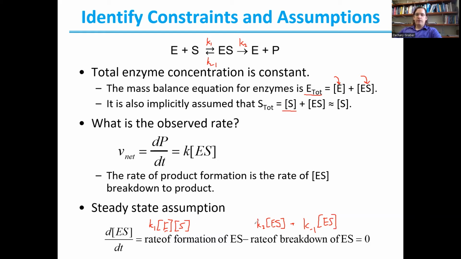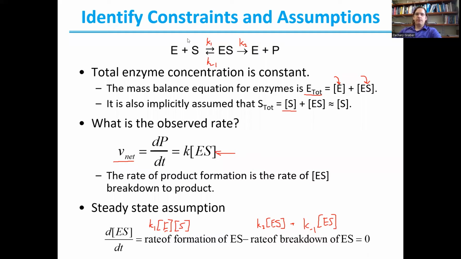So we can use these rates in order to develop an expression for the concentration of our enzyme substrate complex. We can use our known concentrations in order to calculate that enzyme substrate complex concentration, and that can then be applied to our equation here to determine what our rate will be.